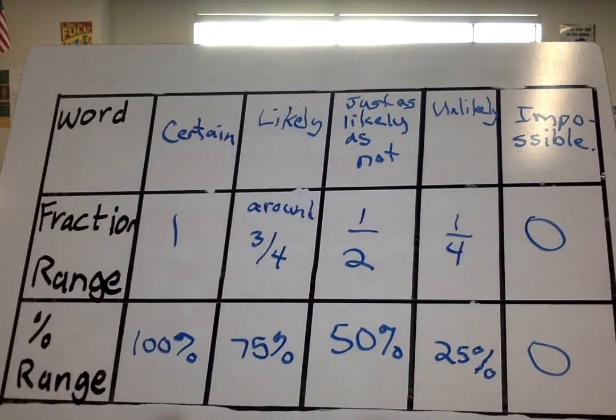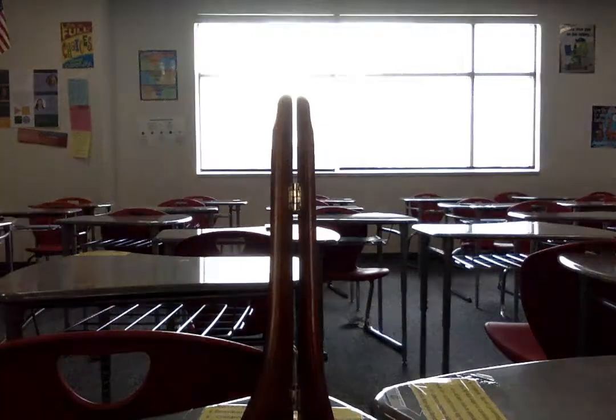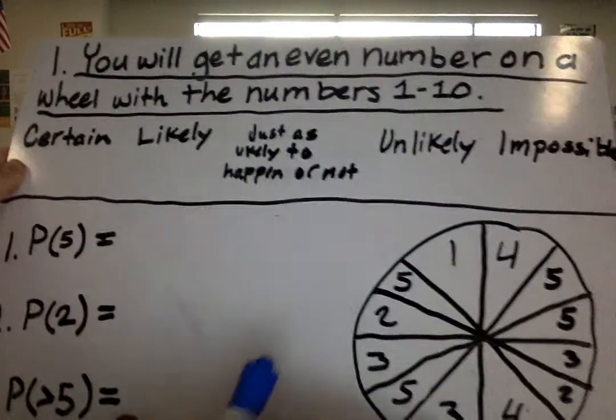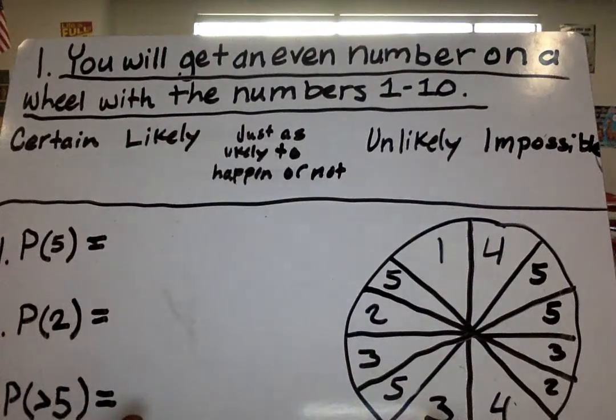Okay. All right, I'm going on. Next part. Okay, number 1, you will get an even number on a wheel with the numbers 1 through 10. Is it certain, likely, just as likely to happen or not, unlikely, or impossible?